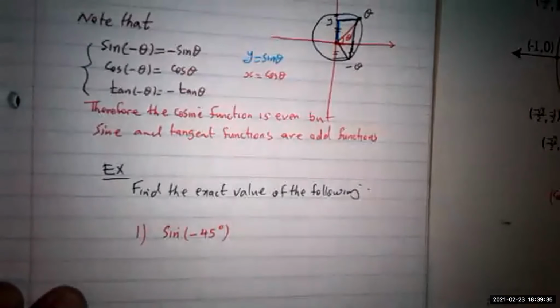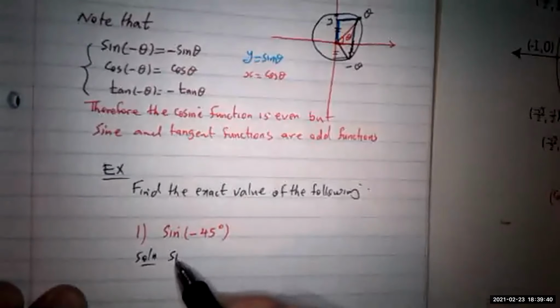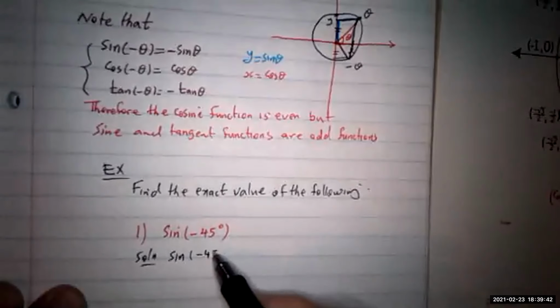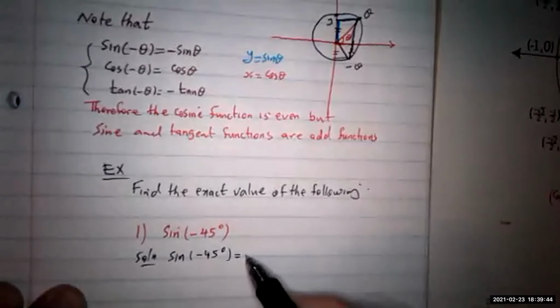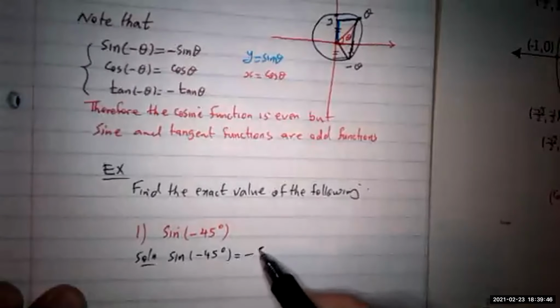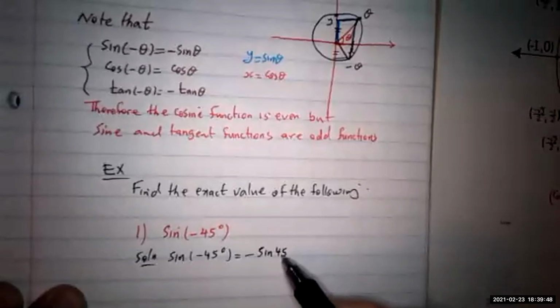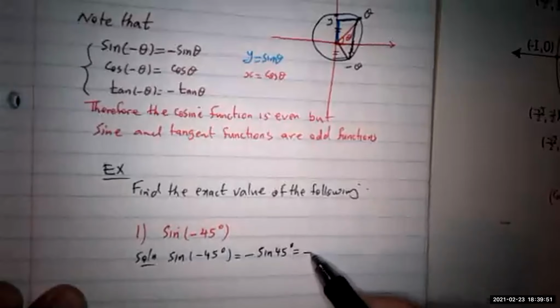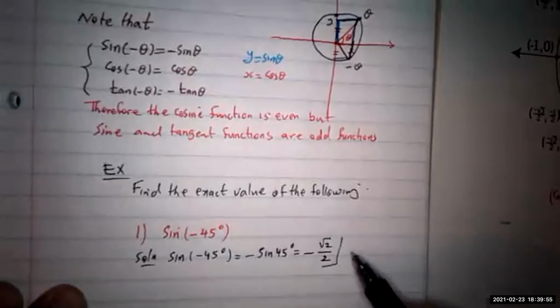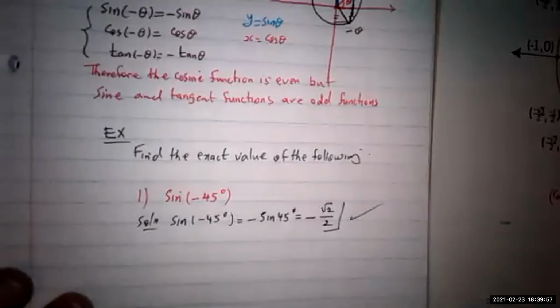So the solution is that the sine of negative 45 degrees is equal to the negative sine of 45. You have the 45 from the table, so they give radical 2/2, and you're done. Be prepared for it for the test. Any question? Check another one.